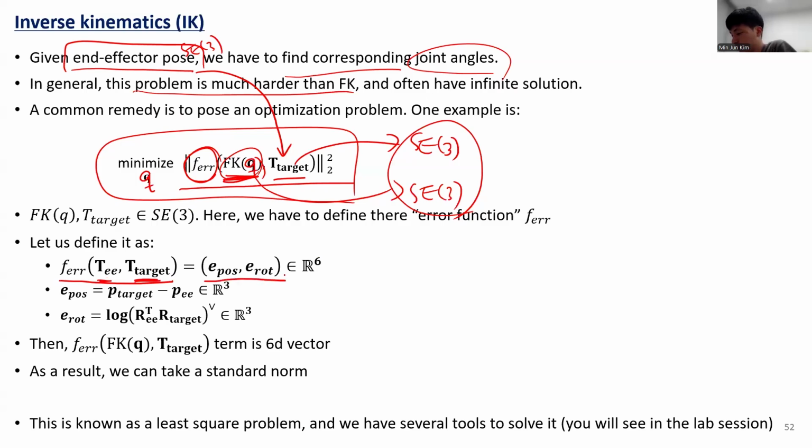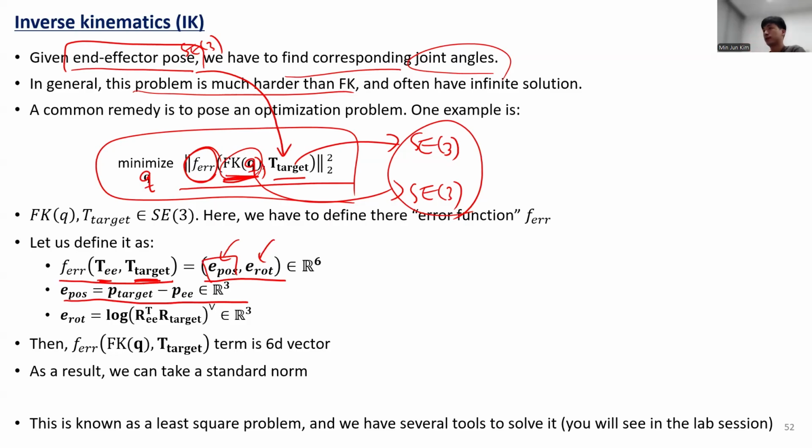It consists of the error of position vectors and the error of rotation matrices. Error of position, that is easy, right? Because the position vector is in Euclidean space, and you can easily compare two vectors in Euclidean space. So that is given by this, the subtraction of one vector from another vector. That's again in R3 space.